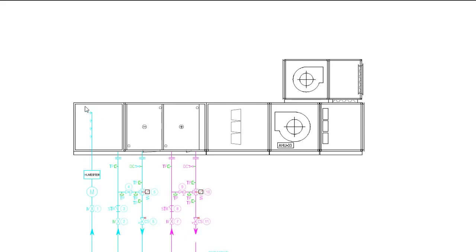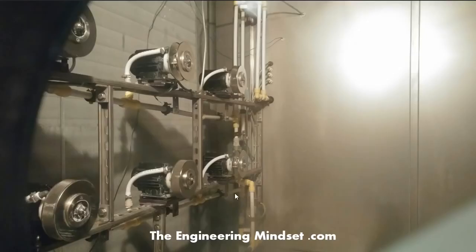And finally here we've got another component, which is the humidifier, something I didn't include in my one. They're not in every AHU, but this one has got a humidifier. Looks like it's a steam one because we've got a meter there as well. It could also be water, but let's have a look. So this is a humidifier here, so it's got water coming in and it's just spraying this out.